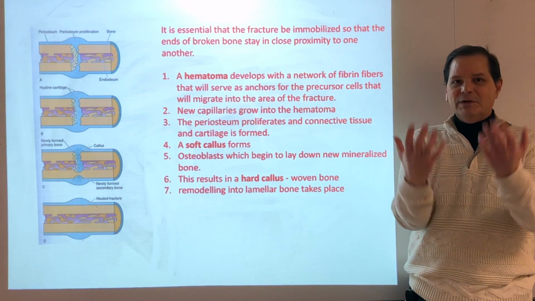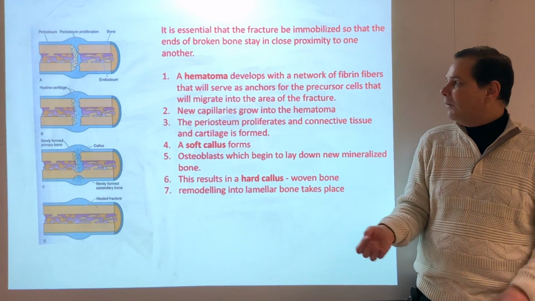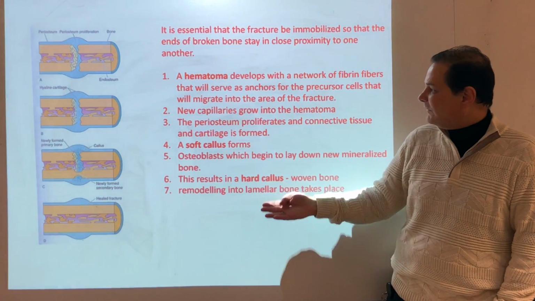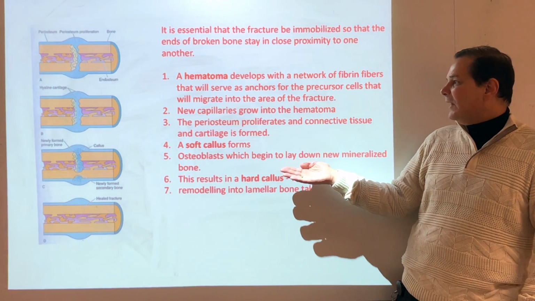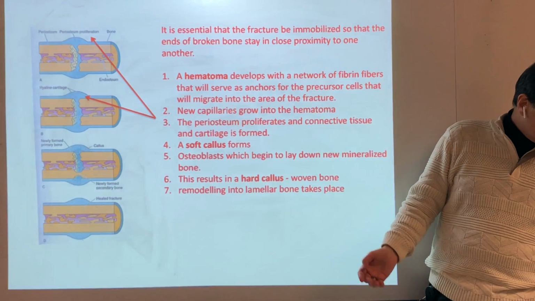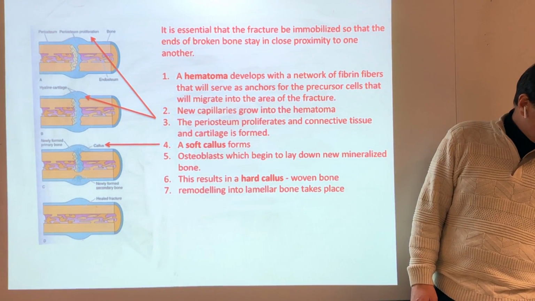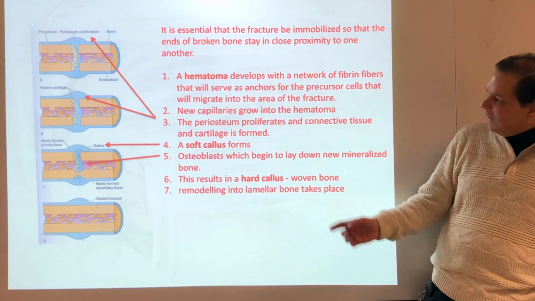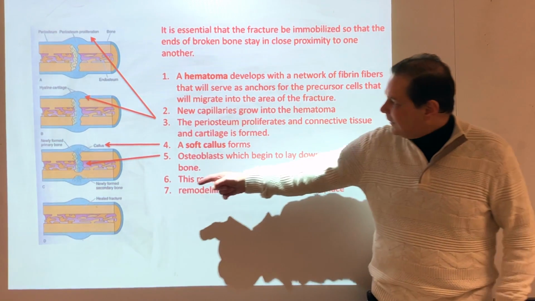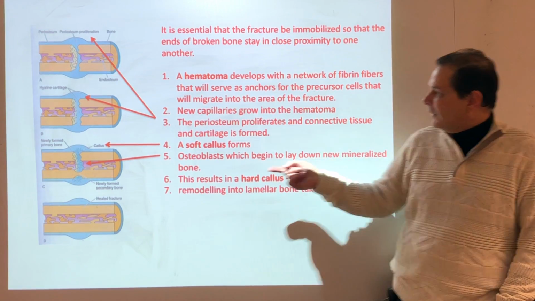And once again, we're going to use cartilage as a model to make bone, just like we did with bone growth, okay? So we start with cartilage with the soft callus. Then naturally enough, as you might guess, there's our periosteum, there's our soft callus forming, and then, as you might guess, osteoblasts come in and they begin to lay down bone.